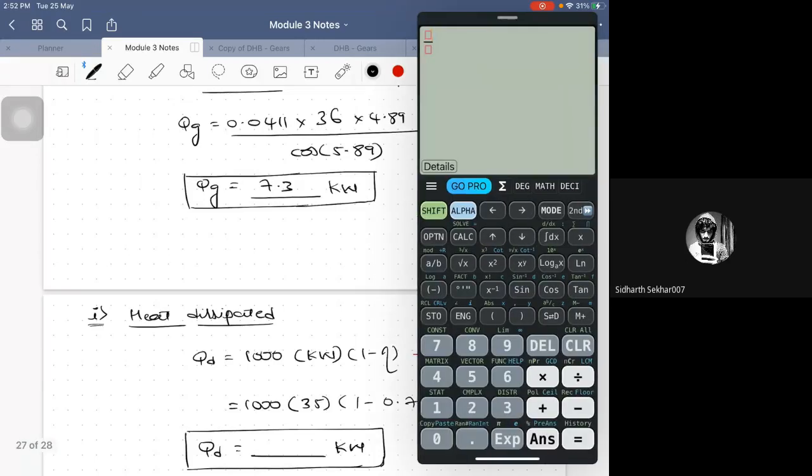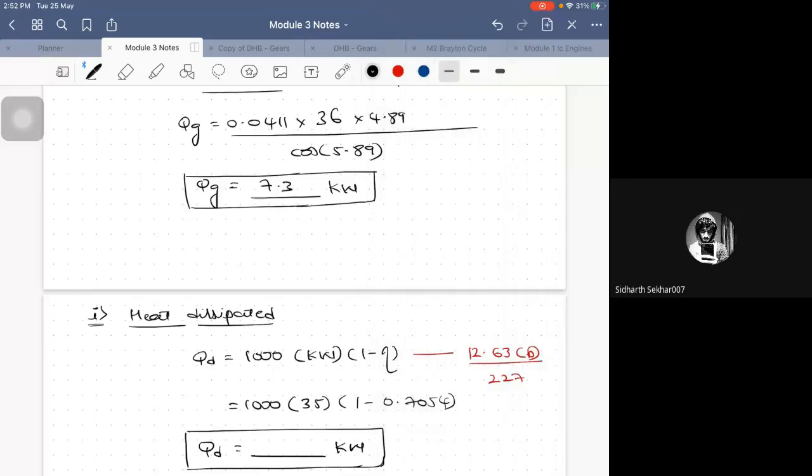Simple, 1000 into 35 into 1 minus 0.075, 10.31 or 32. So 10.32 kilowatts of heat is being dissipated.